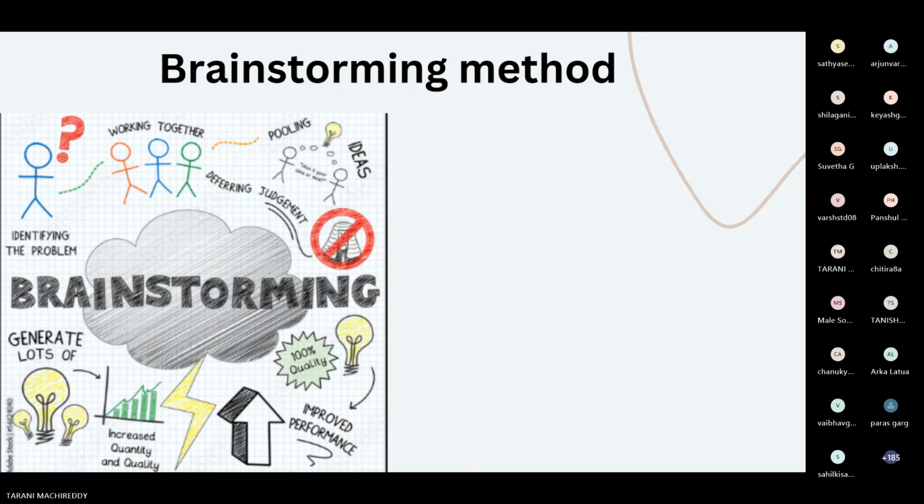So what exactly is brainstorming? It is a method of generating ideas to solve a problem or address a challenge through spontaneous and free flow of discussion. It is a method which generates ideas by a group activity, where everyone is really involved in the idea generation process.